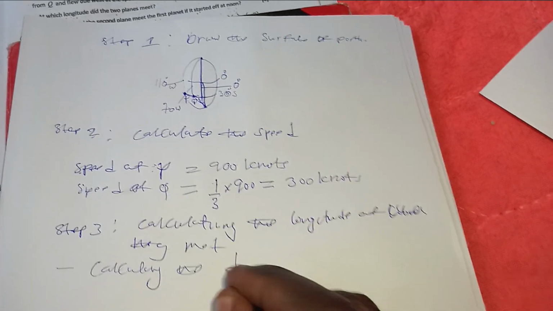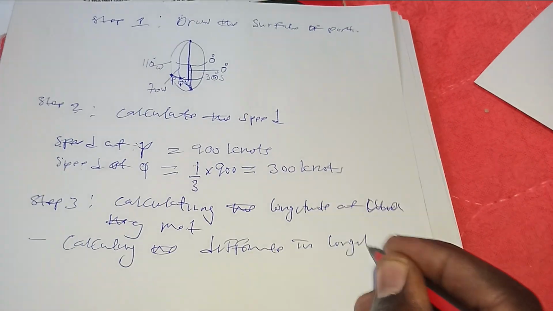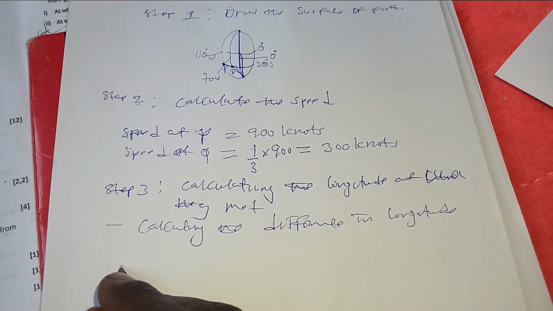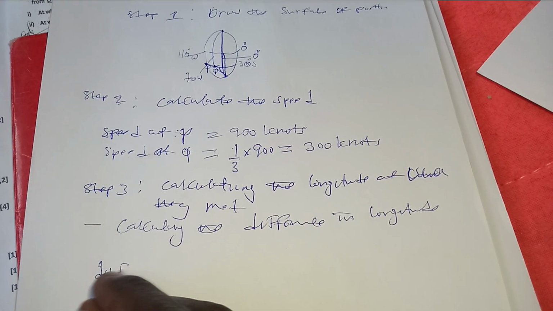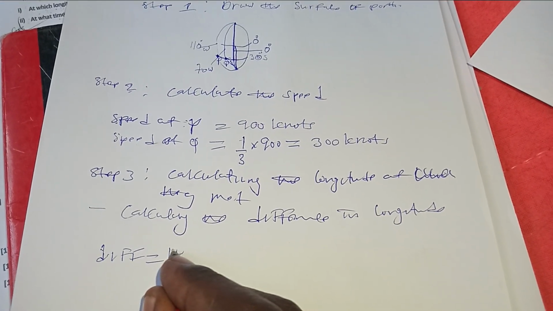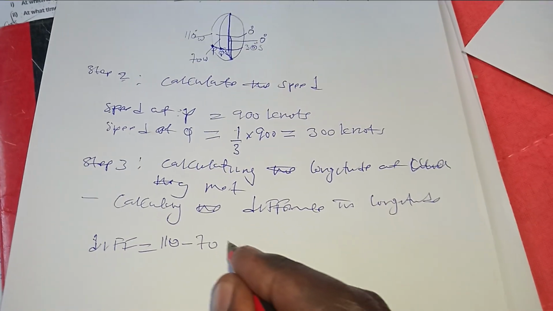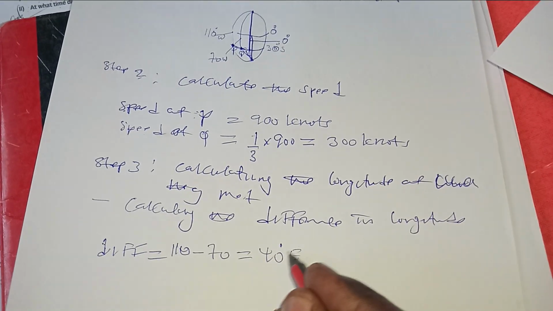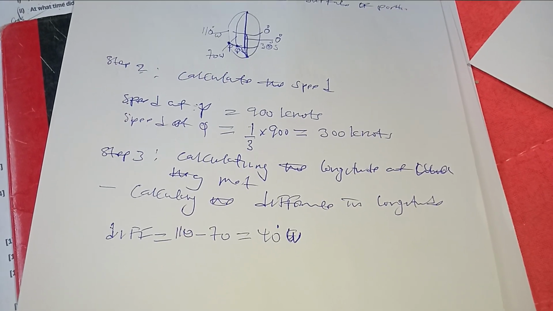So the difference in longitude is equal to 110 minus 70, which is 40 degrees west. So this is the difference in longitude.